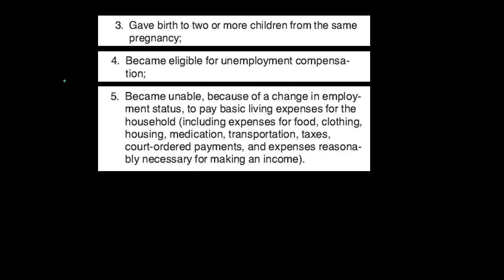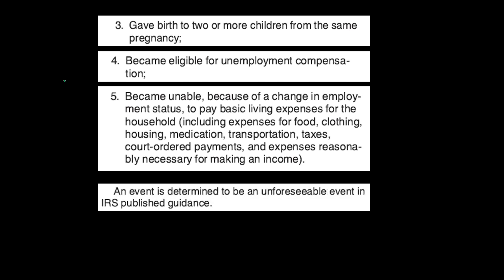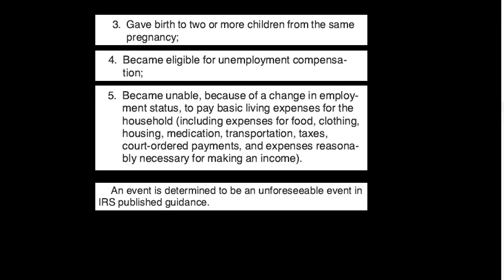Became unable, because of a change in employment status, to pay basic living expenses for housing, including expenses for food, clothing, housing, medication, transportation, taxes, court-ordered payments, and expenses reasonably necessary for making an income. An event is determined to be an unforeseeable event in IRS publication guidance.